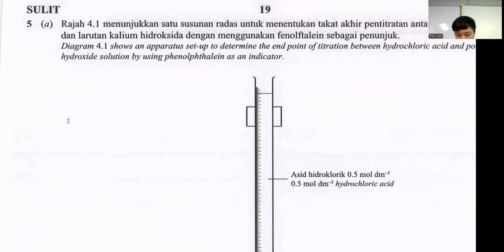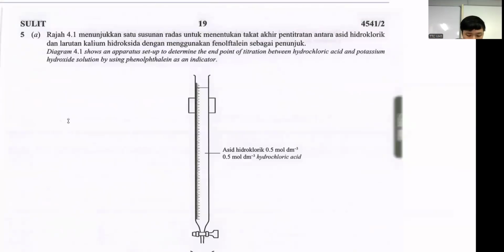Okay. Question 5. This is Form 4, Chapter 6. Diagram 1 shows an apparatus setup to determine the endpoint of titration between hydrochloric acid and potassium hydroxide solution using phenolphthalein as an indicator.